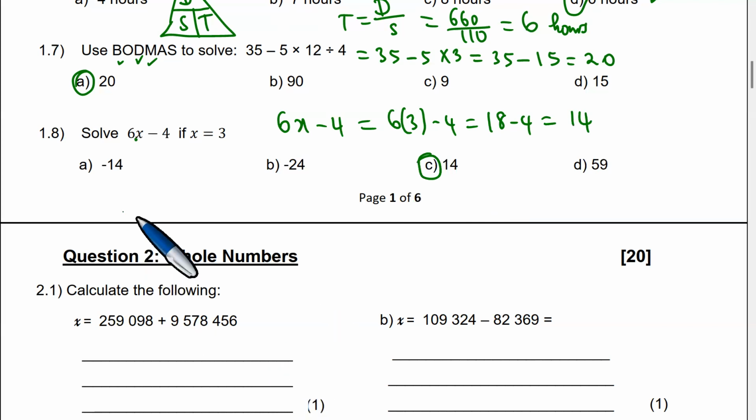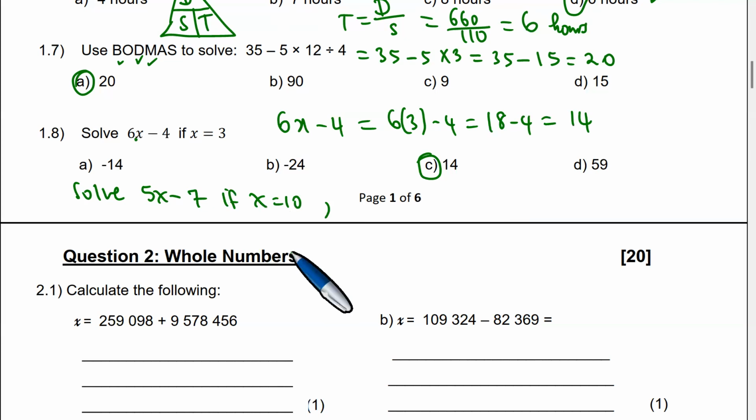Let's change this one and say solve. If you have 5x minus 7, if x is 10, what do you think the answer is? Still calculating. Let me know when you're done.